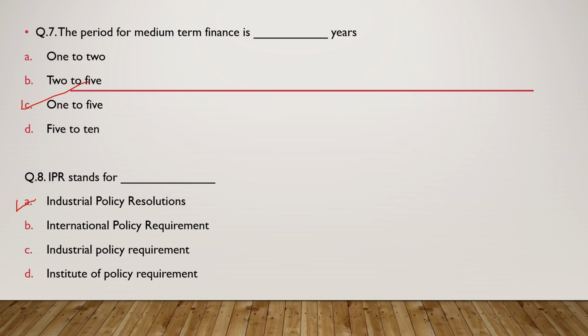Or suppose there is one question with the same example of IPR, where they give the definition of IPR. Or suppose there is one concept, for example, the SMART concept.